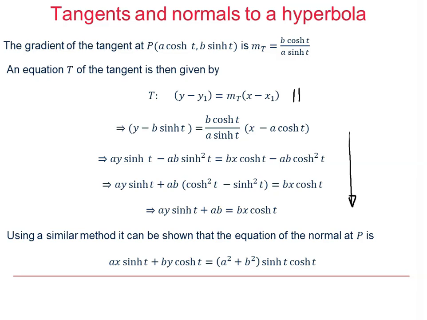Remember that what we're looking at here is the method rather than you memorizing this formula for a tangent. Similarly, we can get this expression for the equation of a normal. But again, in exam questions, what is likely to happen is you'd be given a particular hyperbola and expected to differentiate that and then use the straight line equation rather than memorizing this.